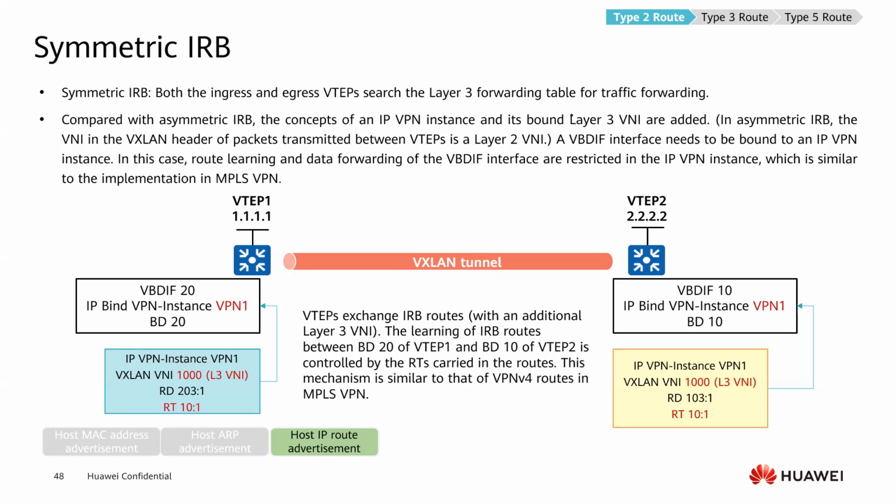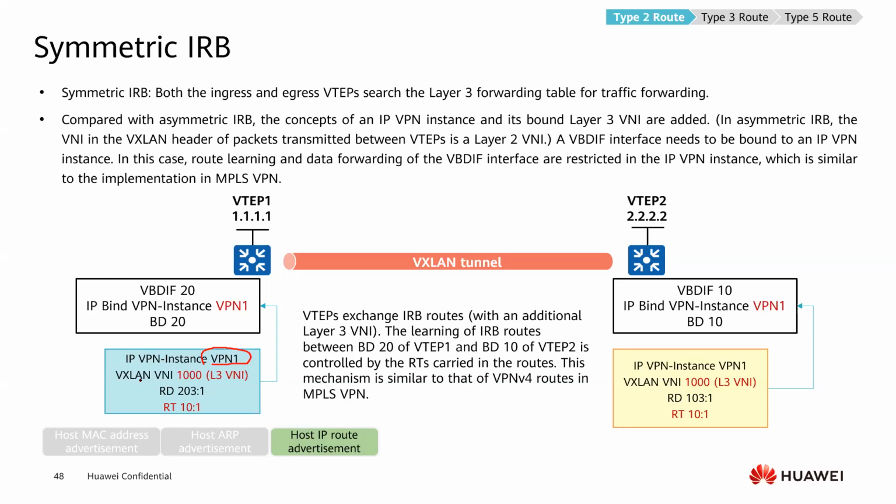This information is bound to a Layer 3 VNI. What is the Layer 3 VNI? We will find that the IP VPN instance will be bound to the VBDIF, and in the IP VPN instance we will configure the RD values and the RT values, and also we will configure an information.